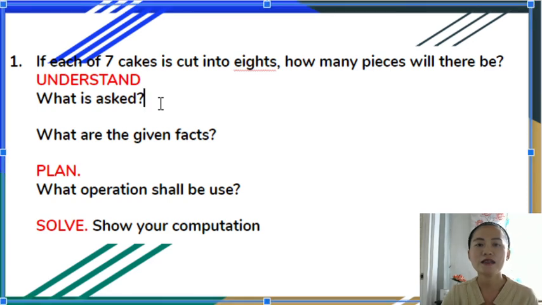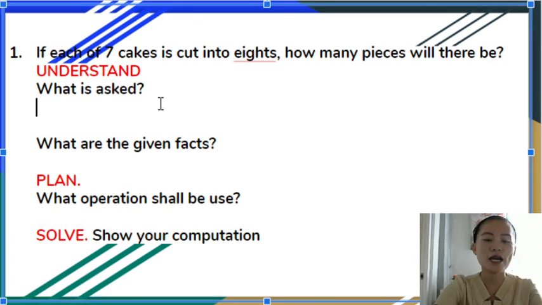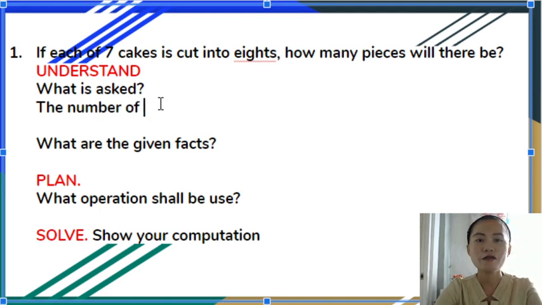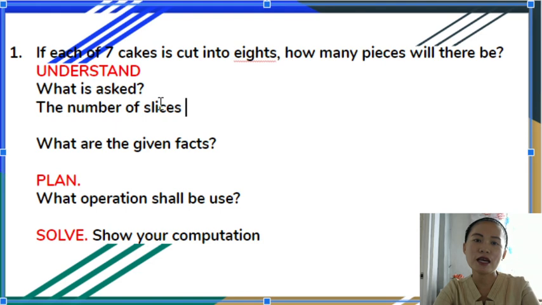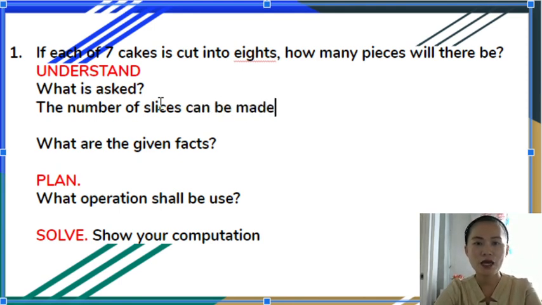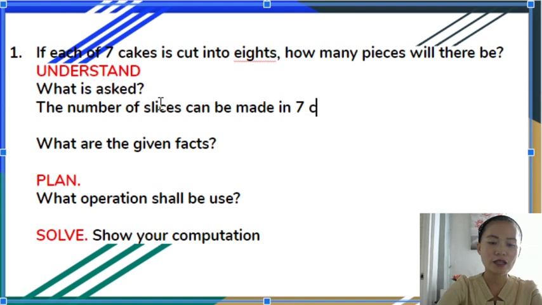So we have the number of slices. Kasi hahatiin natin yung 7 cakes into 8. The number of slices can be made in 7 cakes.